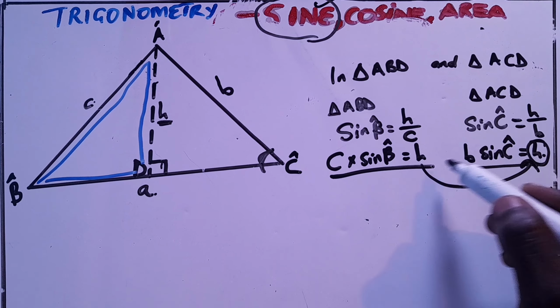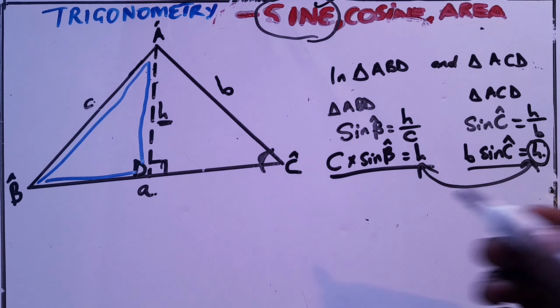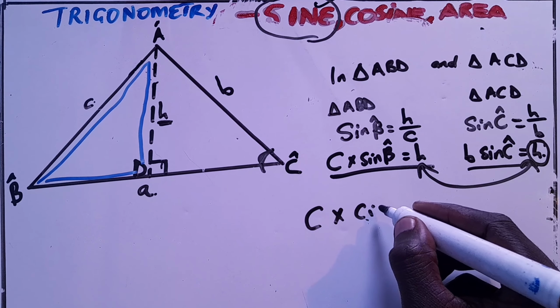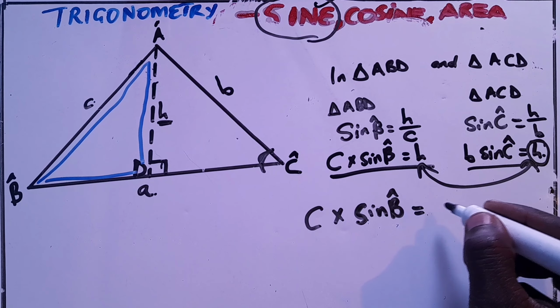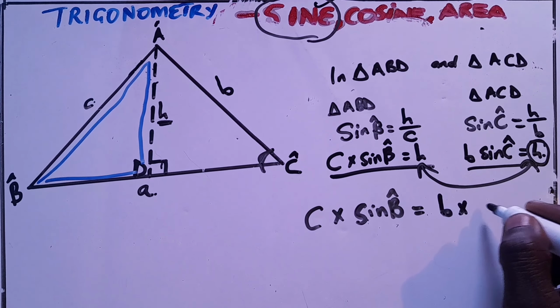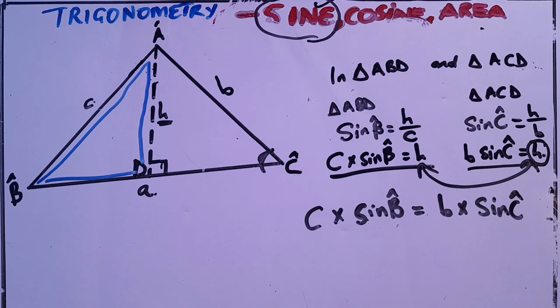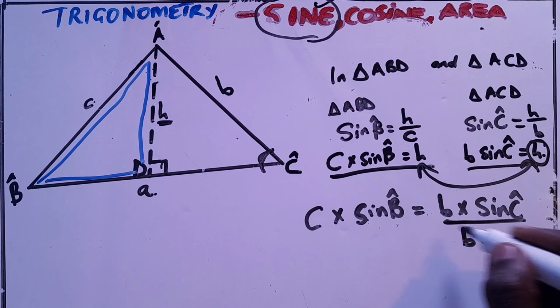So both sides are equal to H. Mathematically, if two sides are equal to the same thing, we can equate those sides. So C multiplied by sine of B will be the same as B multiplied by the sine of C. Can you see that? So we can divide both sides by BC.